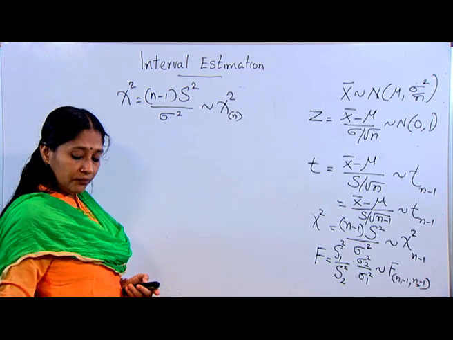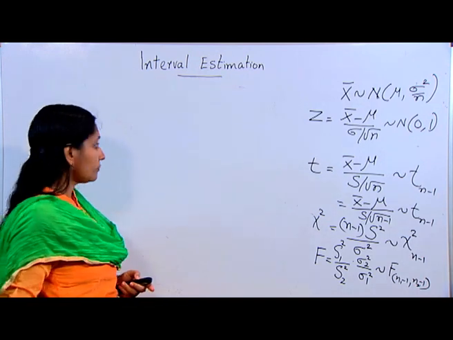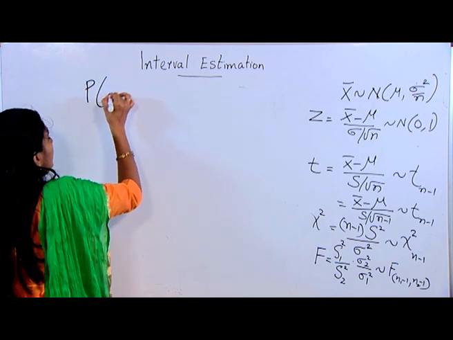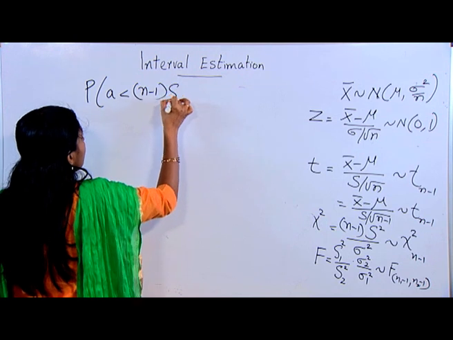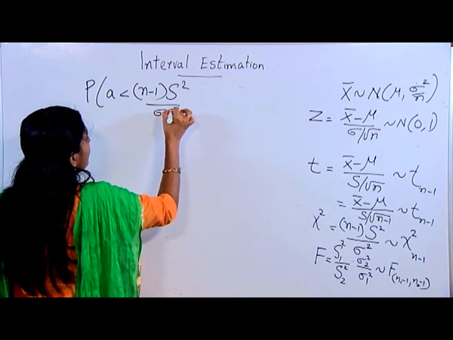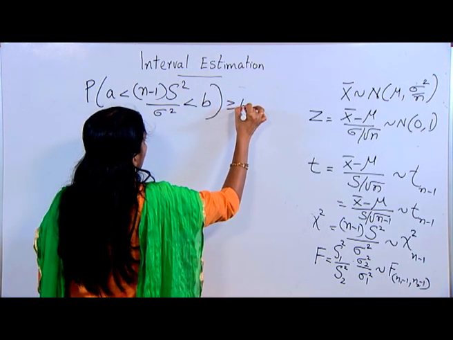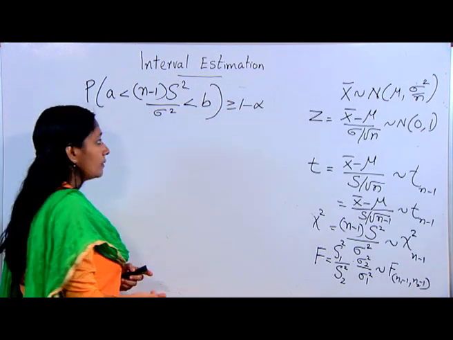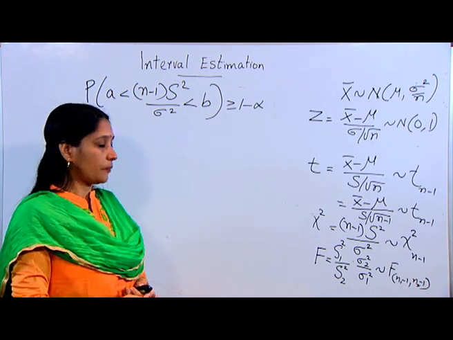So, again we will start with the interval probability of a less than n minus 1 s square by sigma square less than b is greater than or equal to 1 minus alpha. For the time being, let us assume that mu is known.